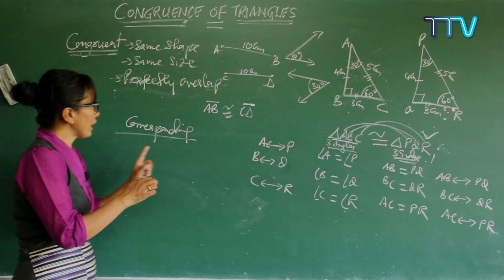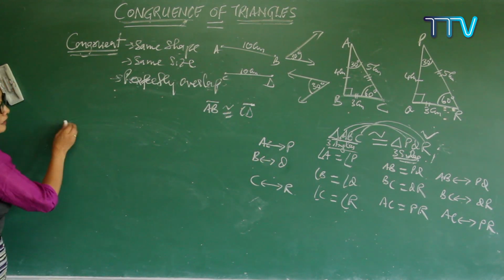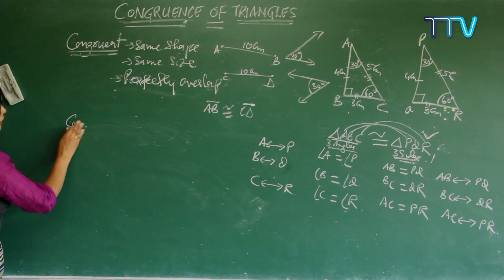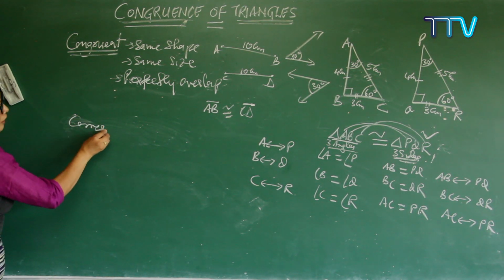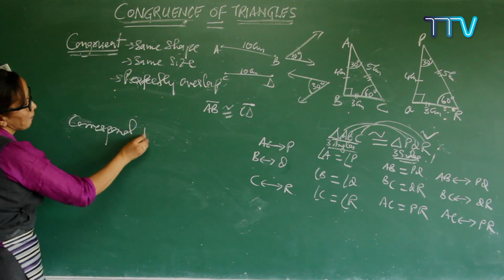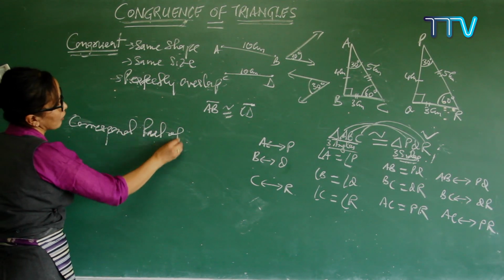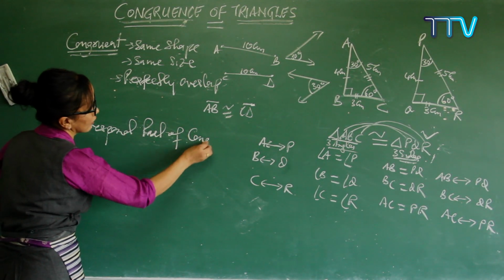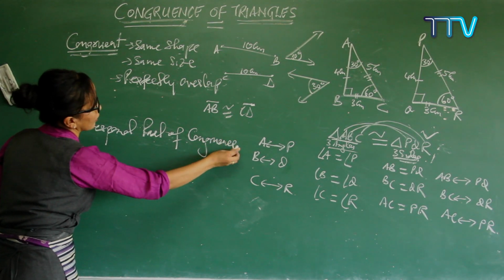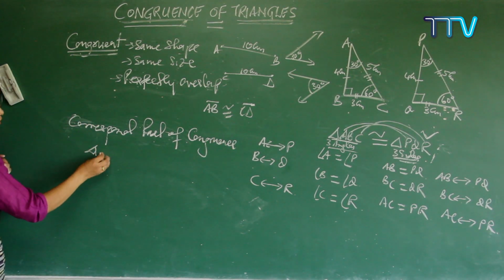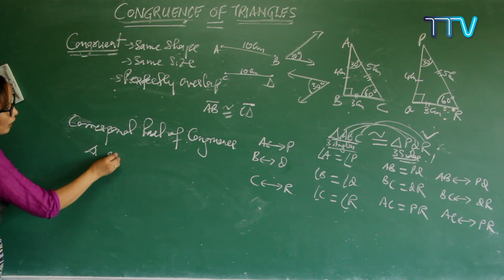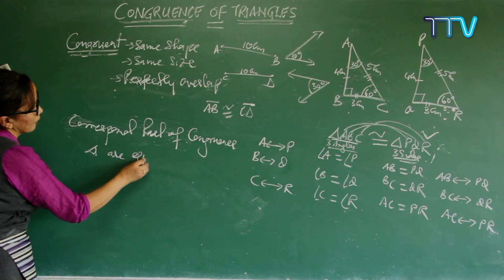This is also a concept you have to get clear: corresponding parts of congruent triangles are always equal, correct?